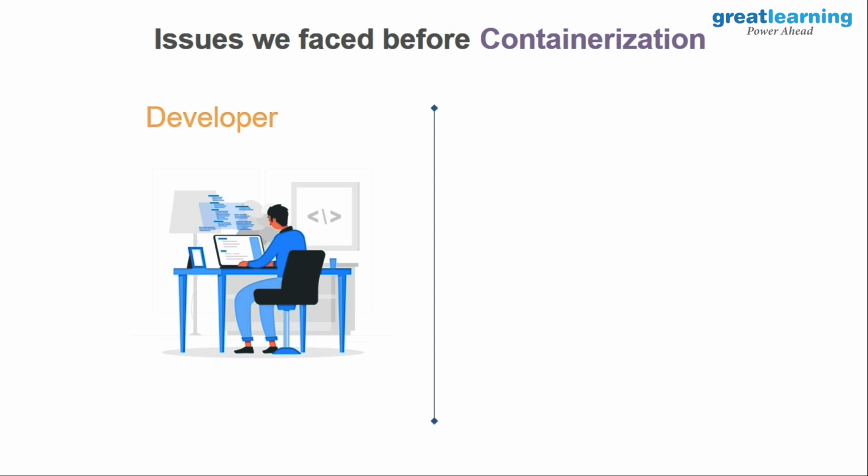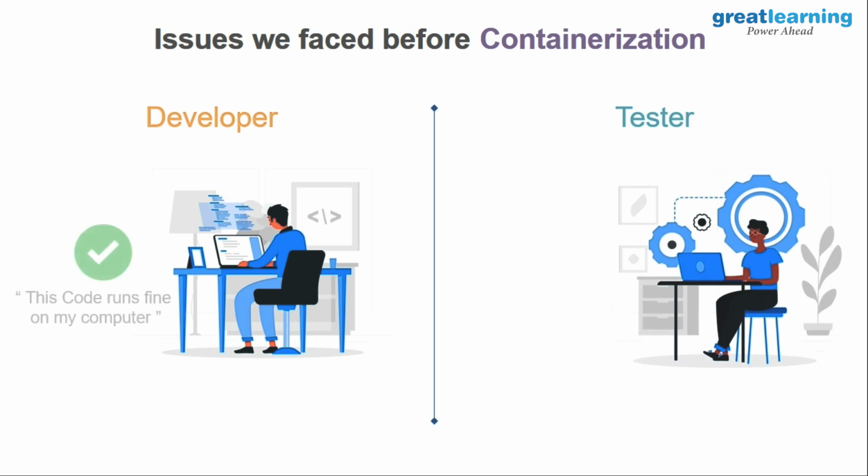So he uses PyTest 5.4.3 and it starts working. And not just that, he makes changes in the environment to suit the code. He adds new plugins and he uses a different set of tools also for that. So here he makes sure in every way that his code is running fine. He says that this code runs fine on my computer.